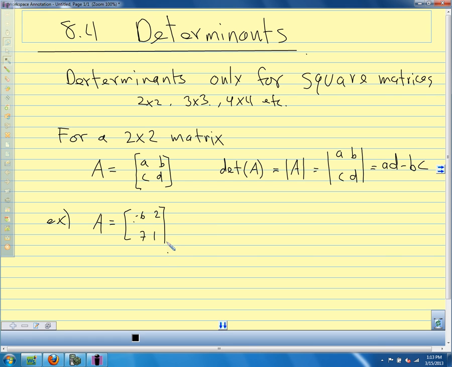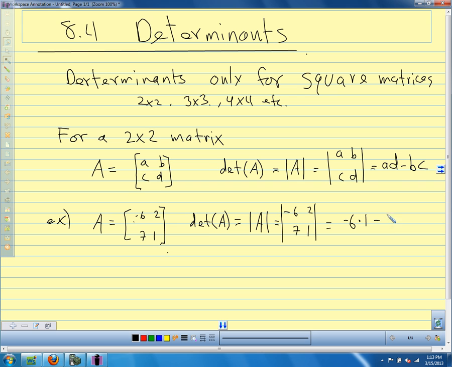And we want to find the determinant. The determinant is -6 times 1 minus 7 times 2. So that's just -6 minus 14 equals negative 20. That's all there is to finding the determinant of a 2 by 2 matrix. Pretty easy, right?